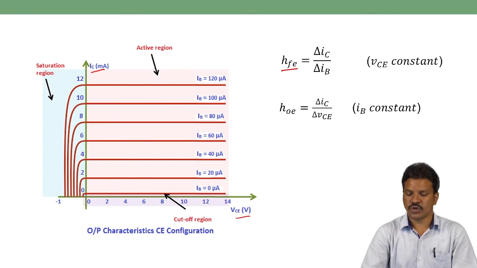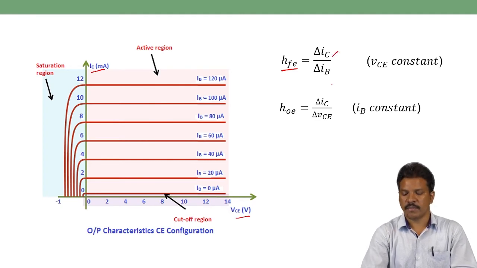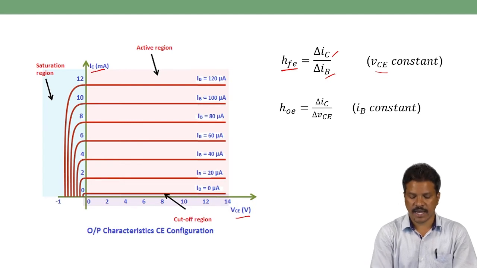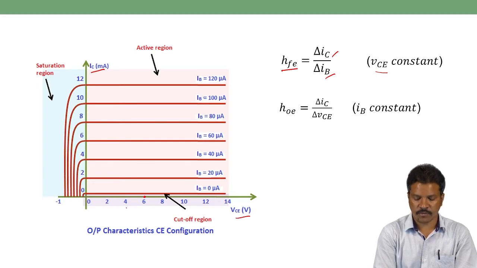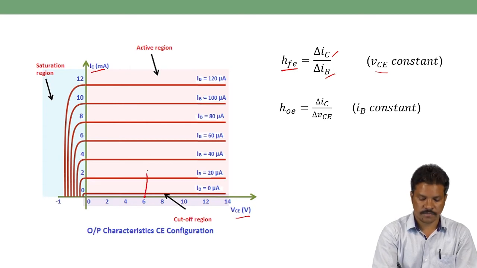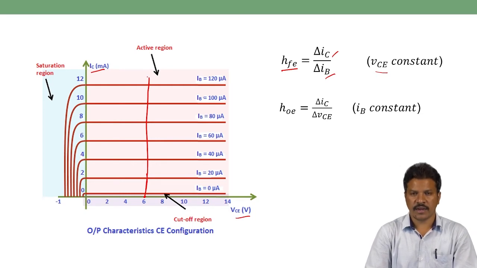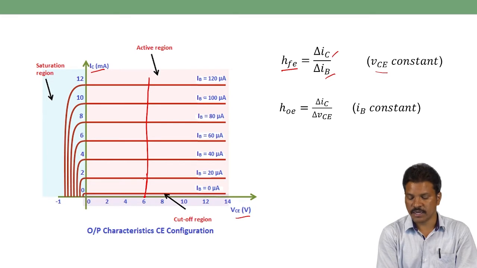It is the ratio of change in output current to change in input current by keeping output voltage constant. How can we get this by keeping output voltage constant in the characteristic graph? If you take a line at constant output voltage, for example 6 volts, a straight line on the 6 volts, then what is the change in output current and the change in input current?